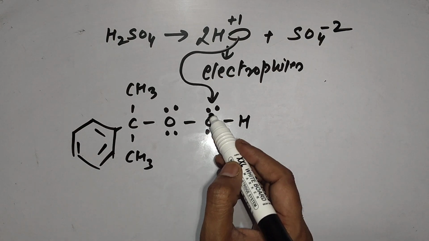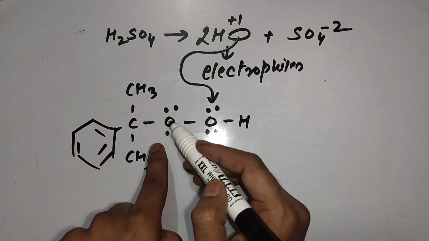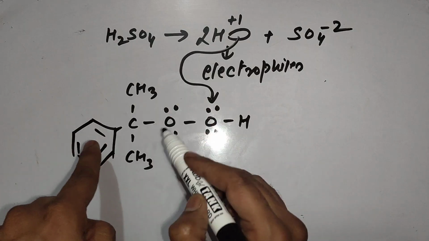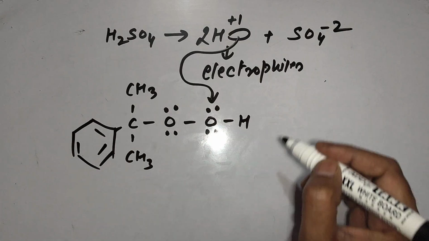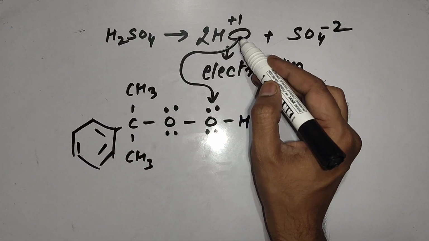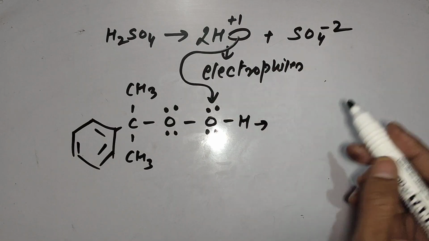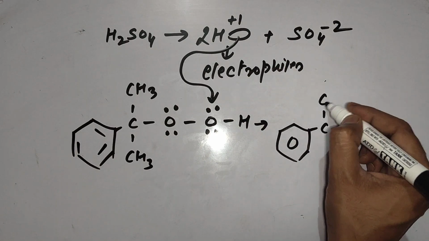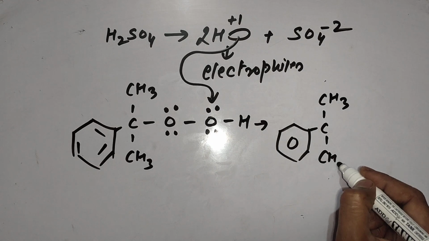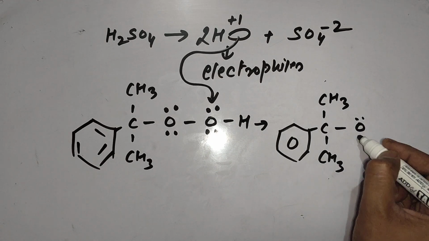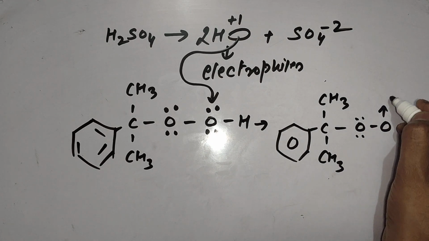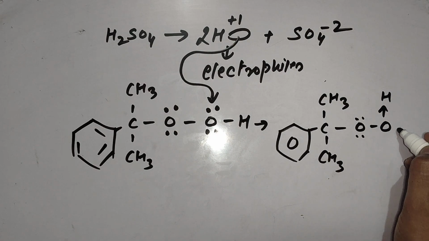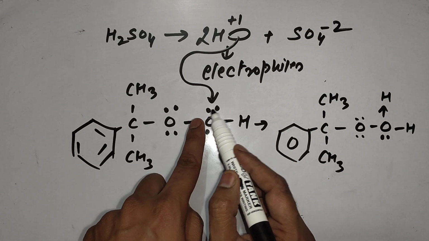Not this oxygen, because this oxygen has less crowding. Around this oxygen we can check crowding is there. So this oxygen will be attacked, and a dative bond will generate between this hydrogen and this oxygen. What compound will generate? Let's check. As this oxygen will make a dative bond with hydrogen, only one pair will be left, because in this pair two electrons were there.